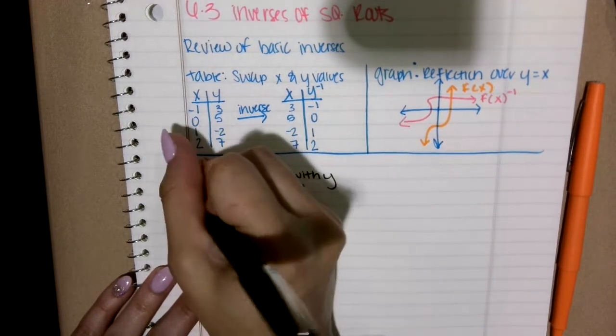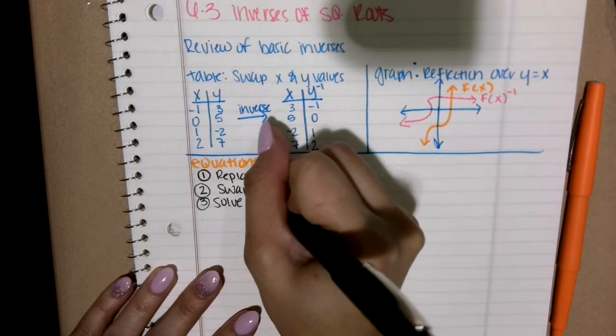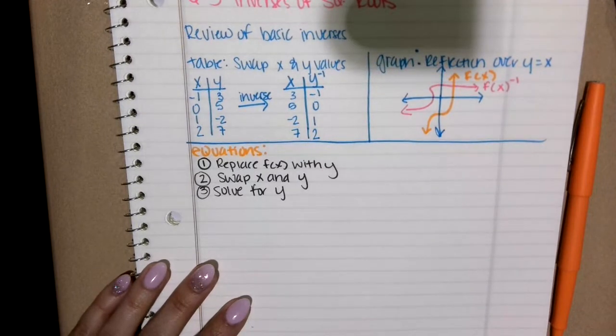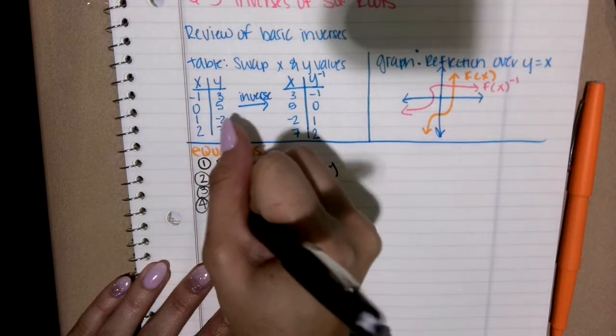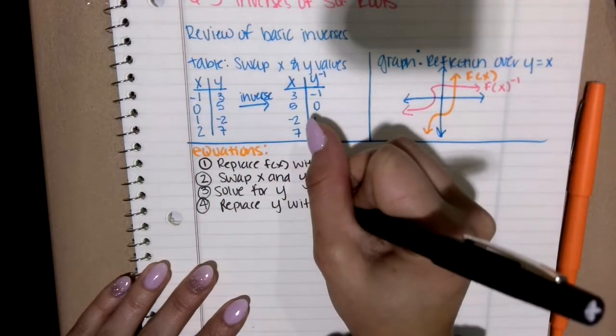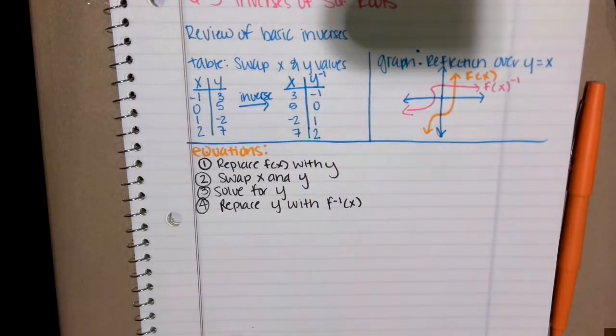The third step is to solve for y. And the last step is to replace y with the inverse of f of x.